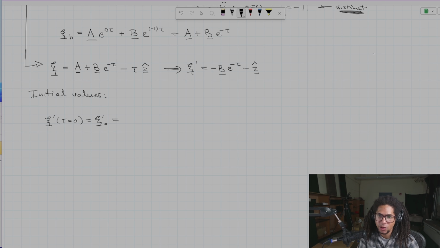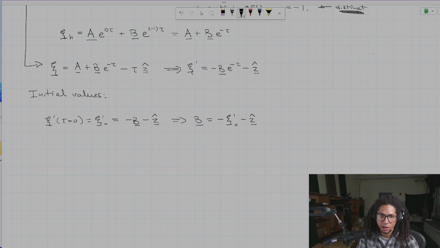Okay, and we know that it's equal to minus B minus z hat. This allows us to solve for B. I just need to move B over to this side of the equation and C naught prime over to that side of the equation. So I'll get that B is equal to minus C naught prime minus z hat.